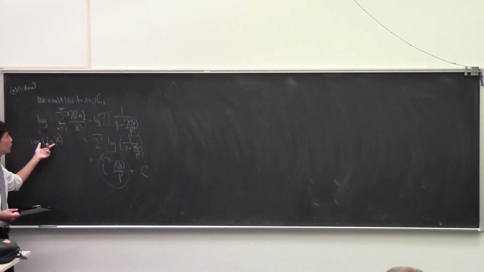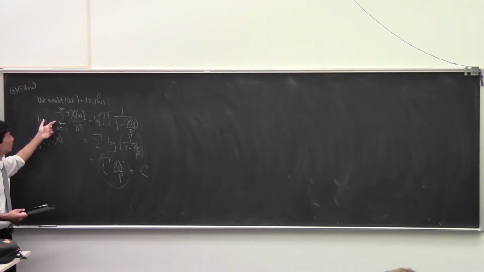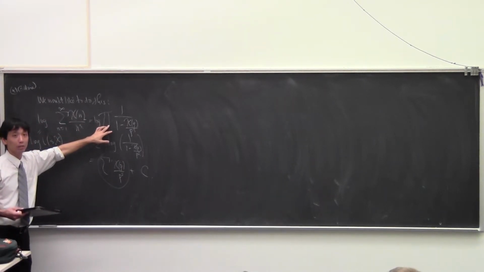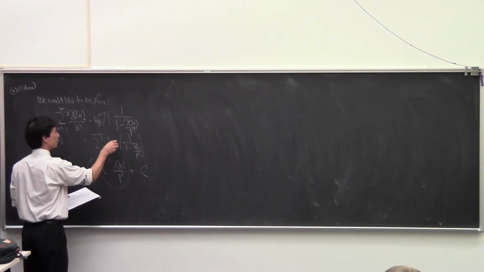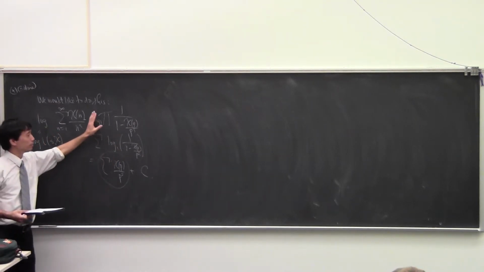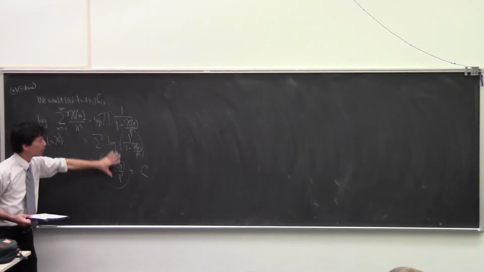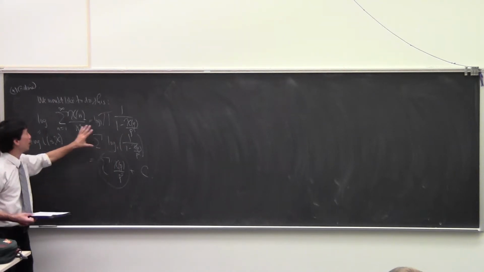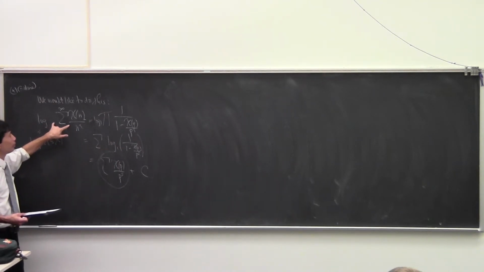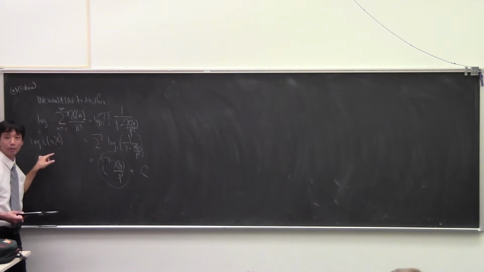But the trouble is defining the log. We've already done the log for this guy. This guy was log 1, and log 1 had the properties that we wanted. So this part we've gotten already. But we don't have a good way of defining the log of an L function. And so that's the difficulty.